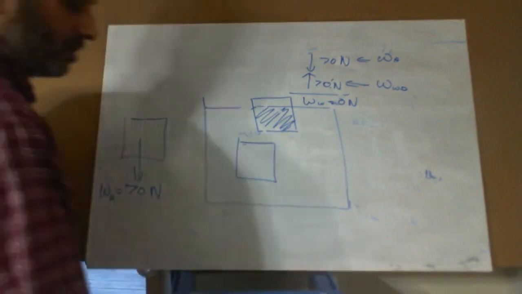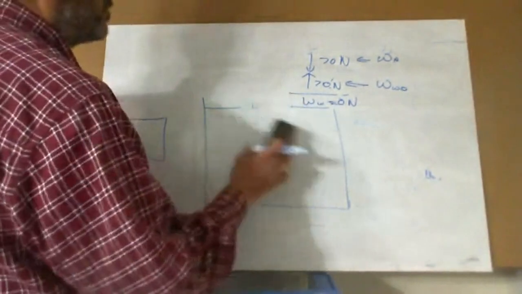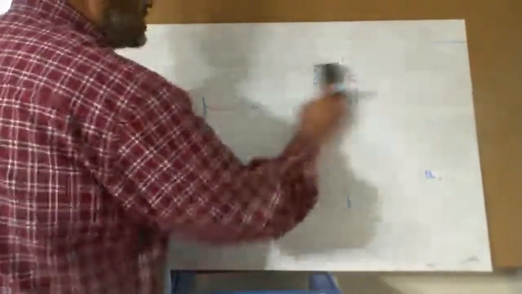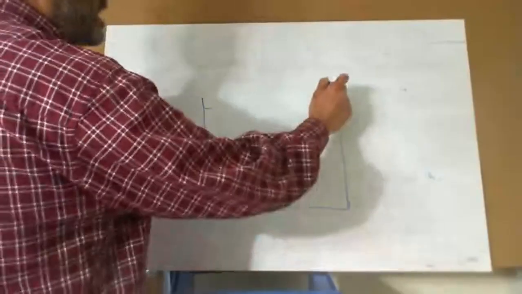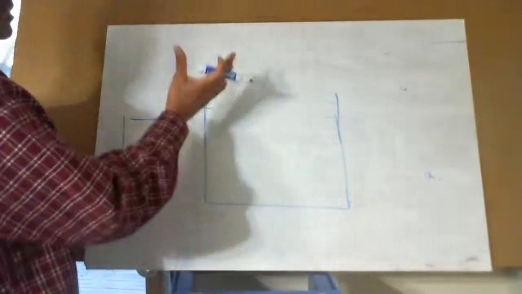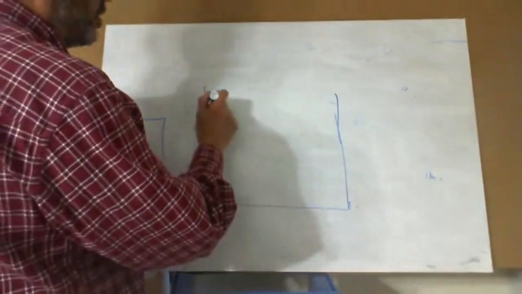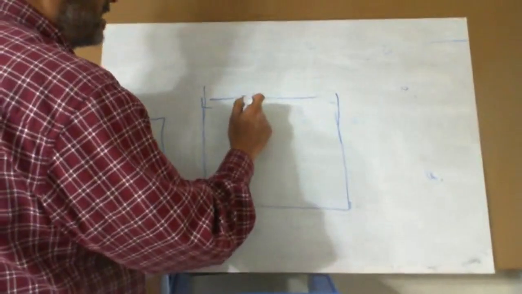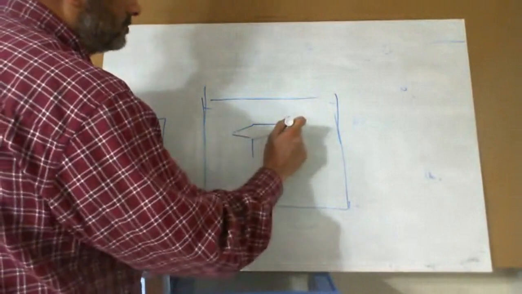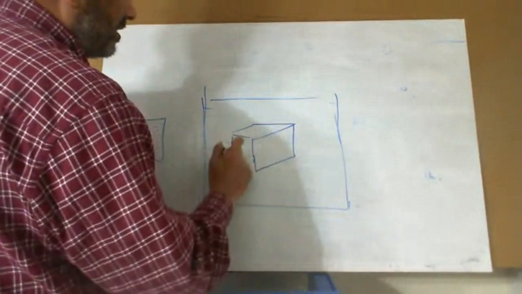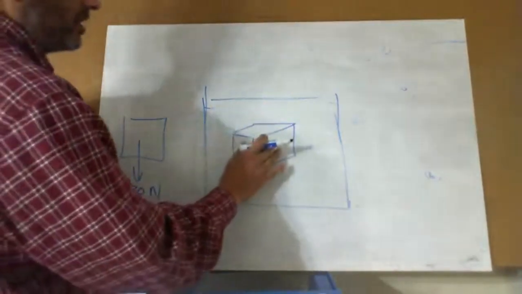Now the question is, why is the upward force equal to the weight of the water displaced? So let's try to reason that out. Why is the buoyant force equal to the weight of the water displaced? So suppose you have this amount of water, and I just take a portion of the water.